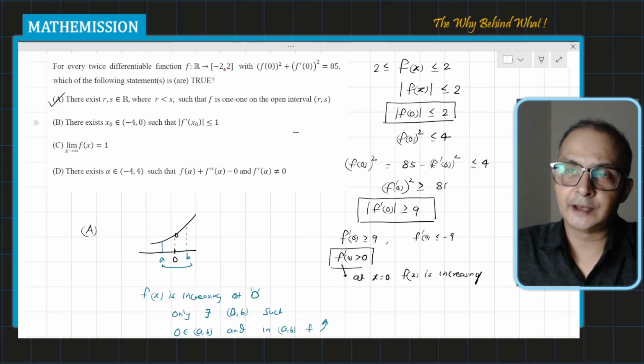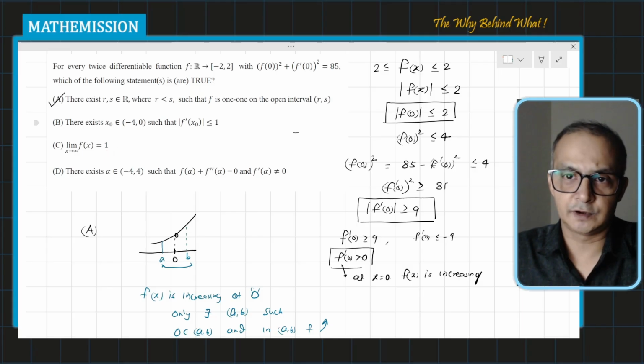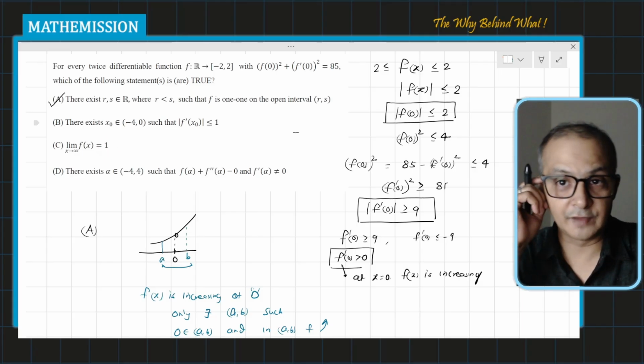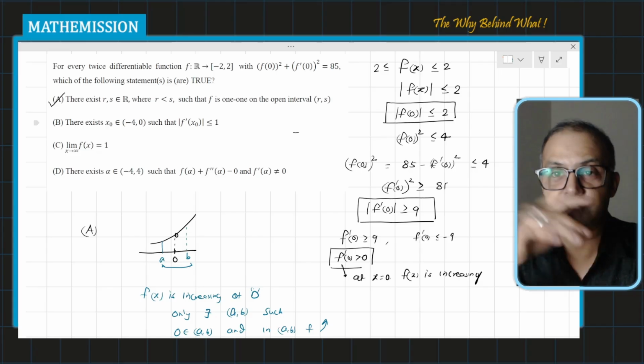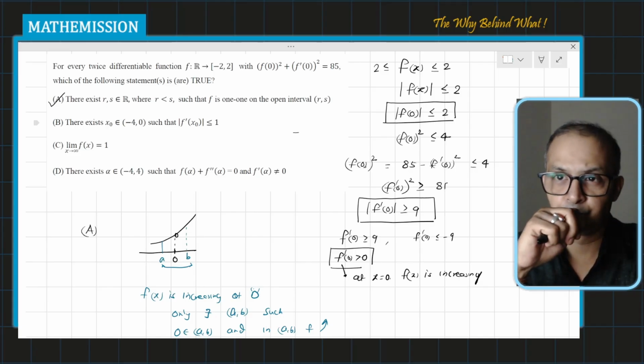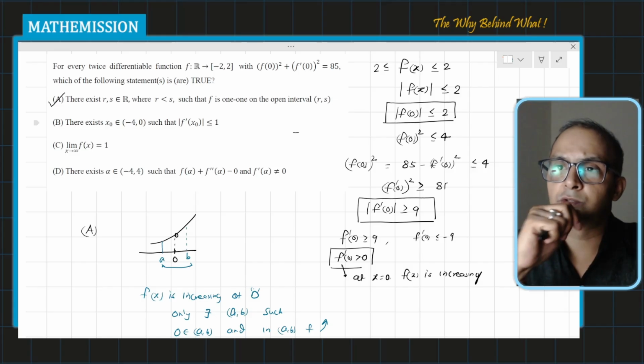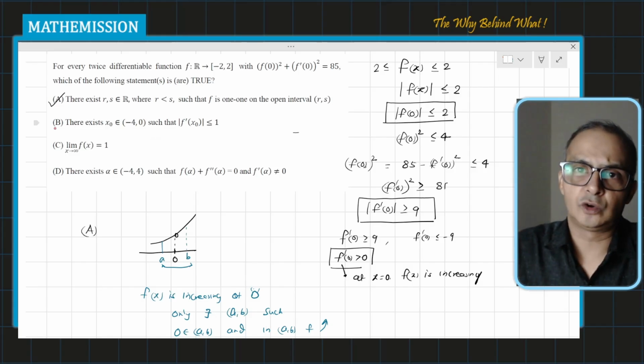So minus 2 to 2 function can take any value. And so there is no such kind of guaranteed statement that the fx will give you the value 1 when x approaches infinity. So this we can ignore. This is not a correct statement.